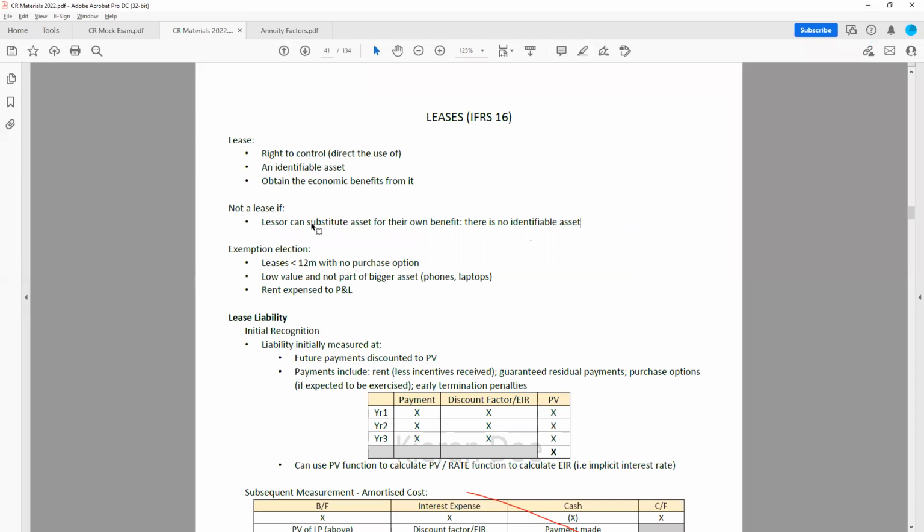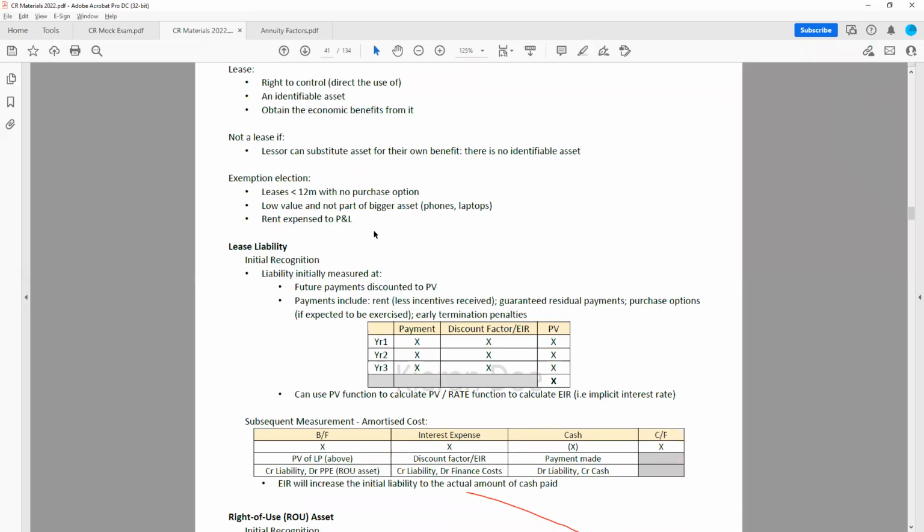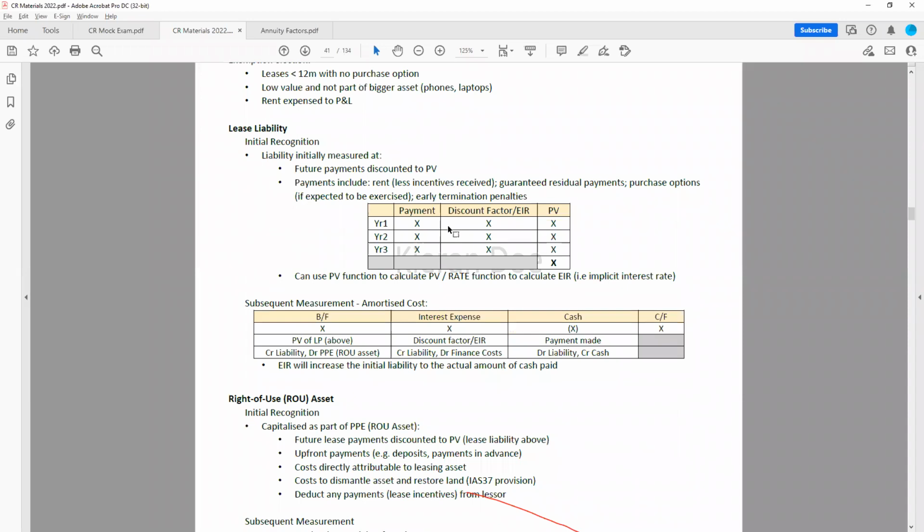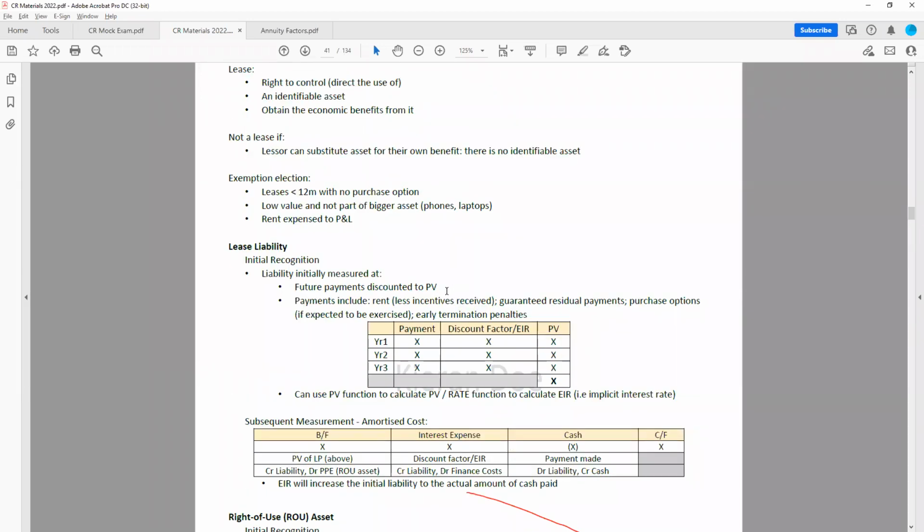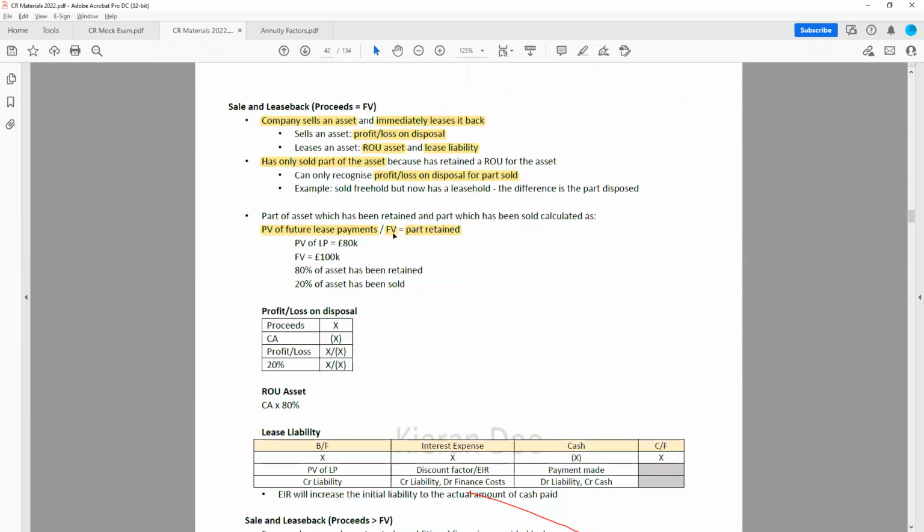So it's quite clear here, this is a lease. It's not as though the lessor can substitute it for a different building, or that it's particularly short term with no purchase option or anything like that. So then we can see we've kind of applied it to the scenario in that part. So clearly it is a lease and clearly it is a sale.